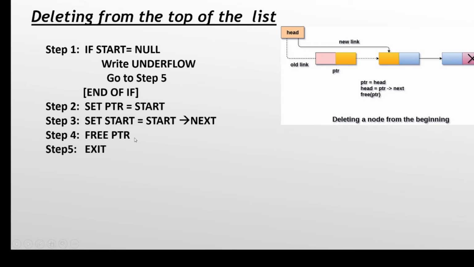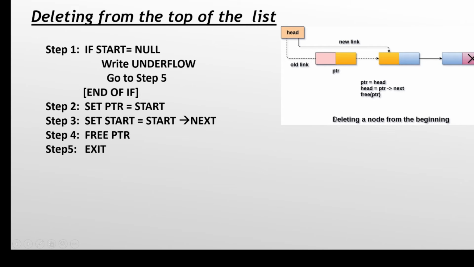Then in step 4 we want to delete the first node by freeing the temporary variable. Here we use pointer as a temporary variable, so delete the pointer variable by free pointer, and exit.